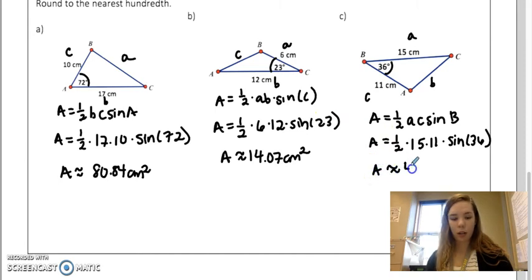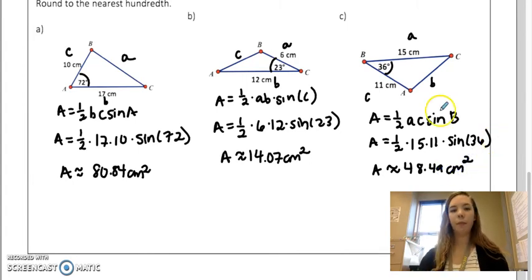So I'm rounding. This is 48.49 square centimeters.